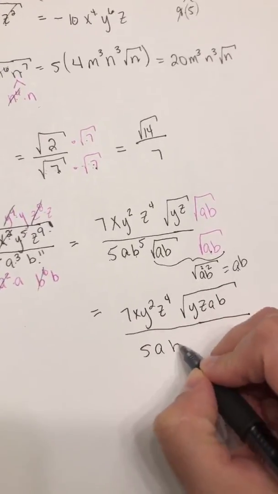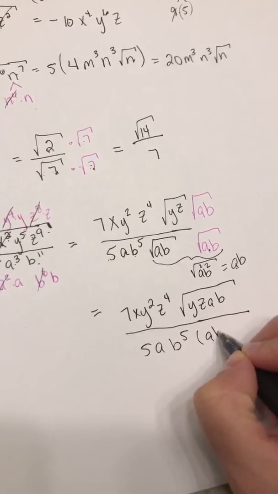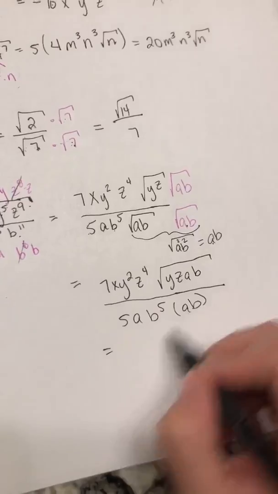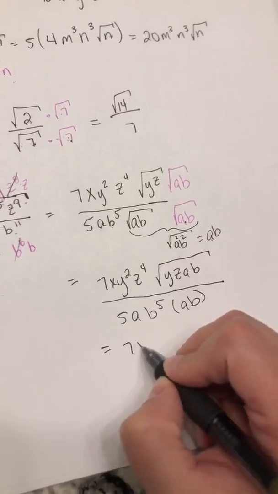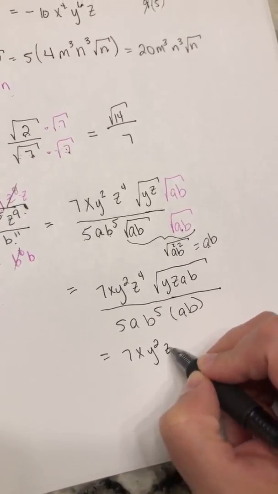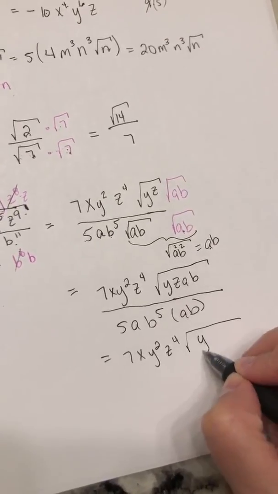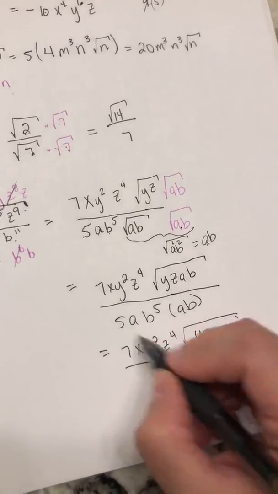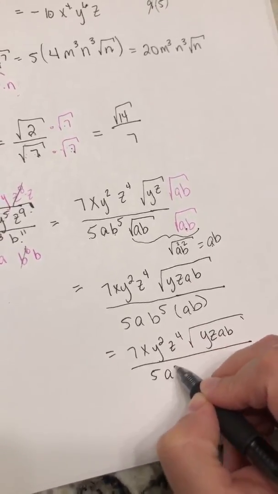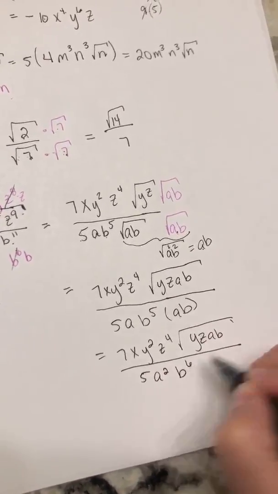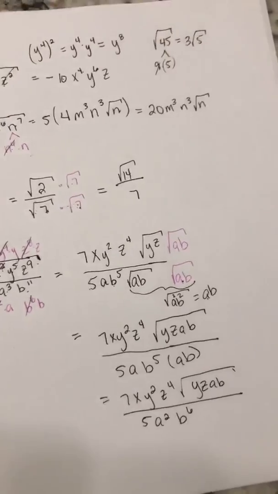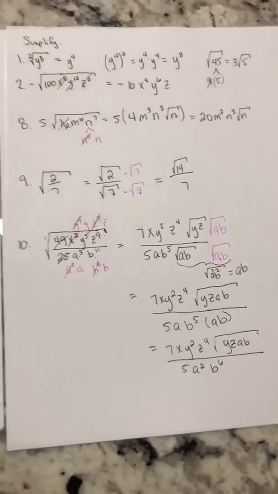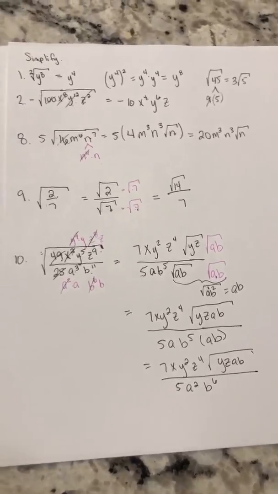I'll just rewrite it again. And so if I multiply my a times a and my b to the 5th times b, my numerator doesn't change. Then I have 5a times a is a squared, b to the 5th times b is b to the 6th, and I'm done. So you just want to get rid of your radicals in your denominator, so rationalize your denominator.